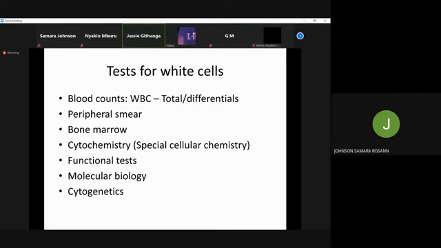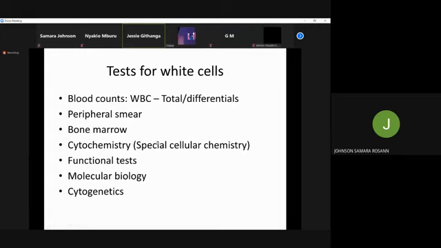Now, you can tell me in your chat if you don't understand the difference between absolute white cell count and the relative white cell counts, okay? Peripheral smears. This is where we look at the stained blood film, a very important aspect of looking at the morphology of the white cells to detect, are they normal, are they abnormal? And if they are abnormal, what is the abnormality that is present?